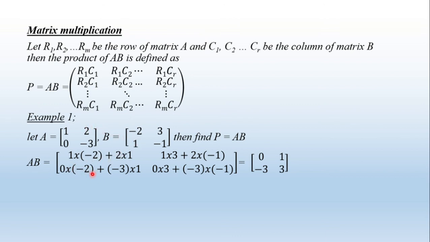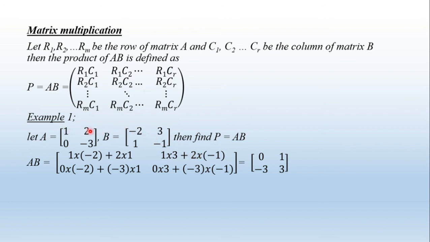And here 0 times minus 2 plus minus 3 times 1, this row should be multiplied with this column. And here 1 times 3 and 2 times minus 1.